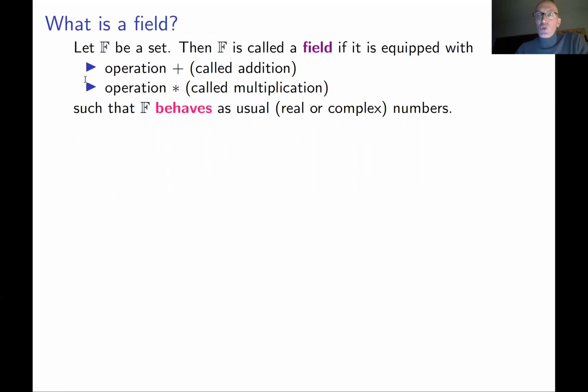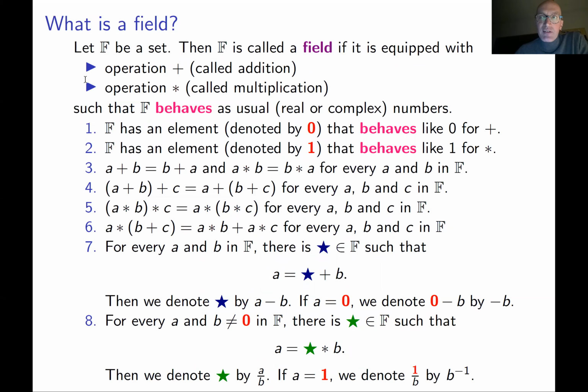What do I mean by usual numbers? It basically means that the usual properties of real or complex numbers are satisfied for this set and for these addition and multiplication operations. I listed these properties here. It looks a bit abstract, but you can take it informally as much as possible. So if you read each of these 8 properties, it's quite natural.